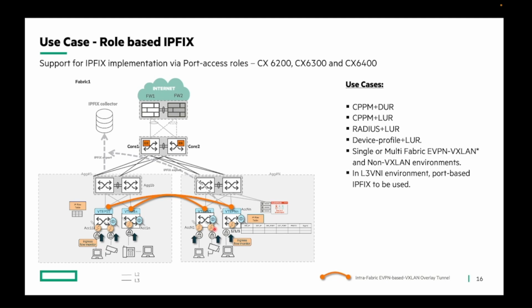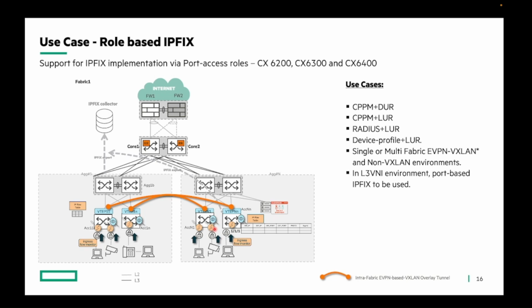We can implement this via CPPM plus a local user role as well. We can use RADIUS plus a local user role. We can have a device profile plus a local user role. One of these, right? It can be used in a single or multi-fabric EVPN VXLAN environment and a non-VXLAN environment.